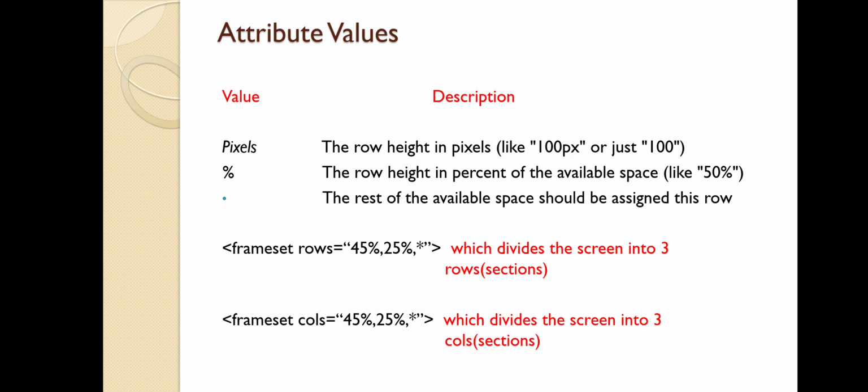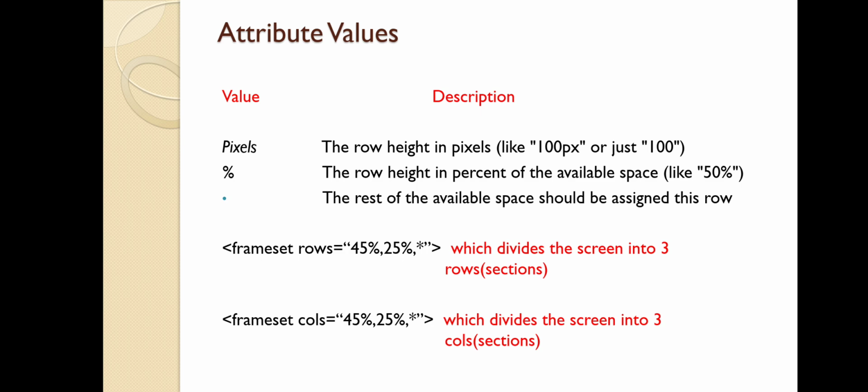If the page is divided into three rows, the first row contains 25% of space, the second row contains 50% of space, then the next asterisk denotes the remaining 25% of space for the third row. So the web page is divided into three rows by using the frameset tag.